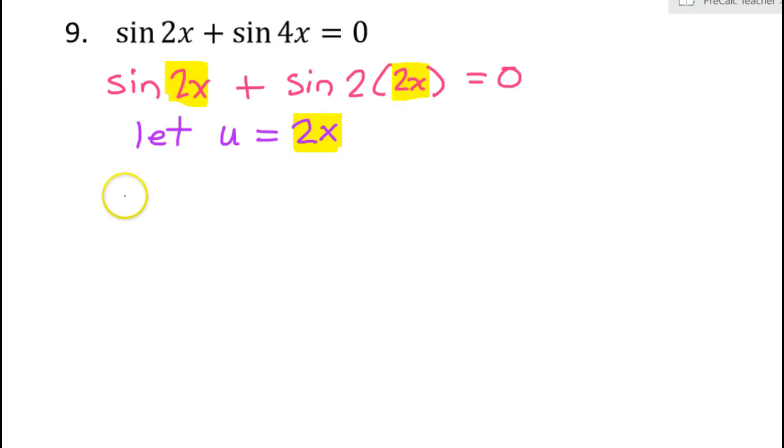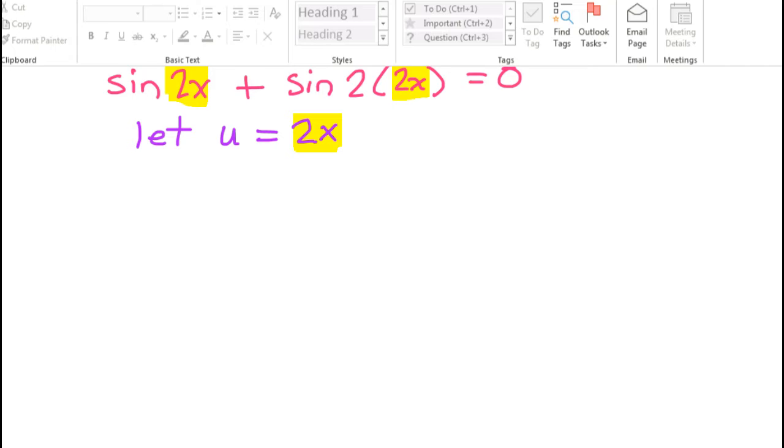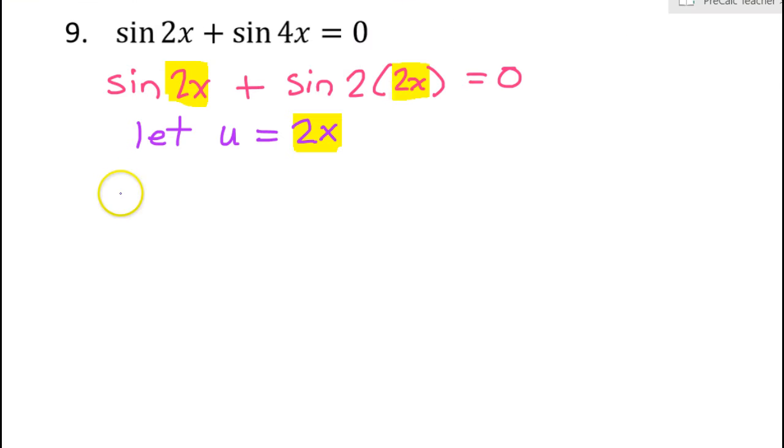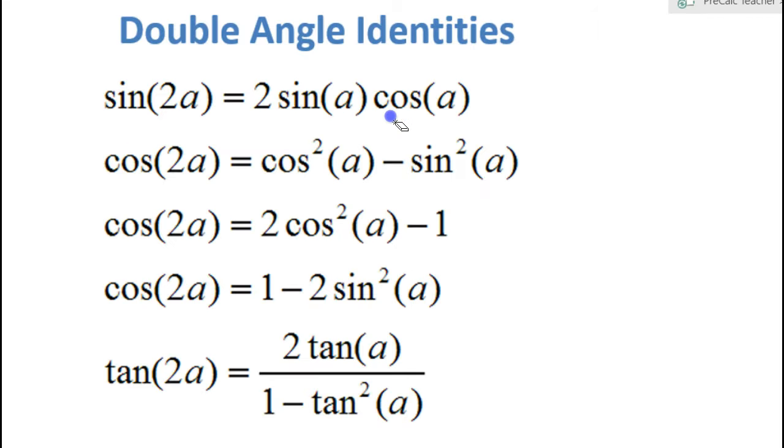So can you see that next I will have sine, you know what, let me stick with purple for a second while I'm in u mode. So we will have the sine of u plus the sine of 2u is equal to 0. So this has the advantage of fitting our model.